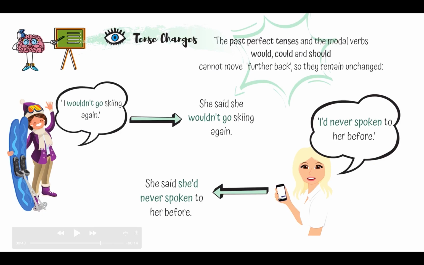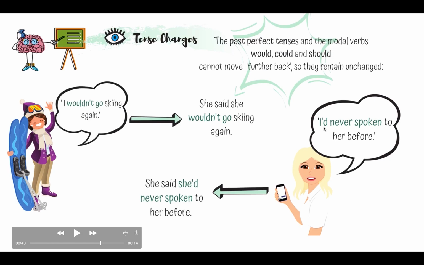Okay, the same thing happens when our direct speech is talking about past perfect tenses. Okay, so past perfect simple and past perfect continuous. So the past perfect, we use the verb had plus the past participle.